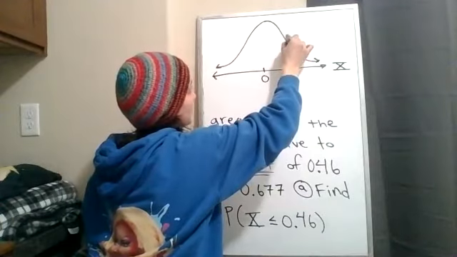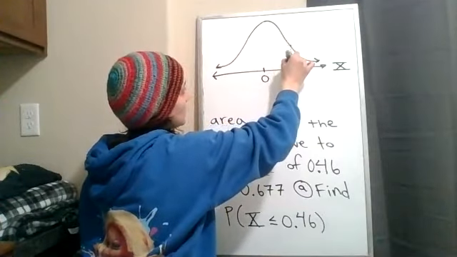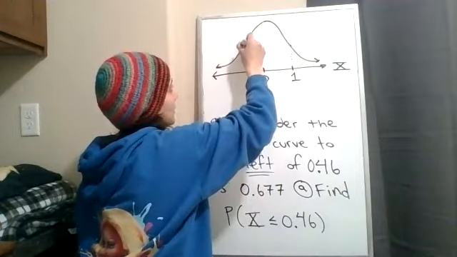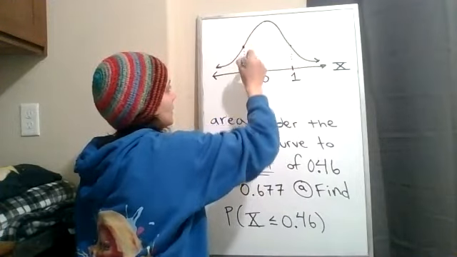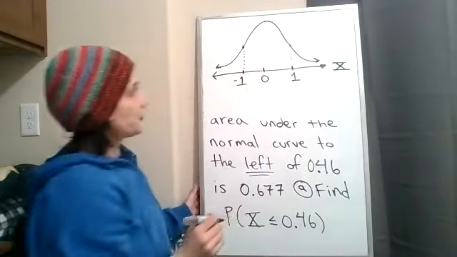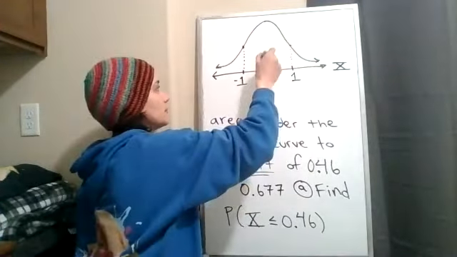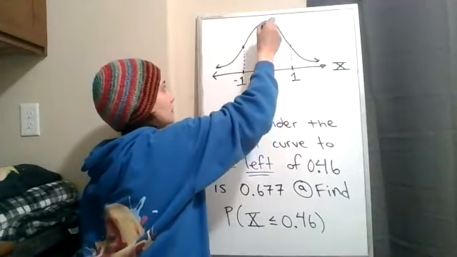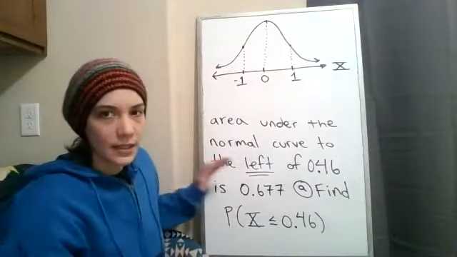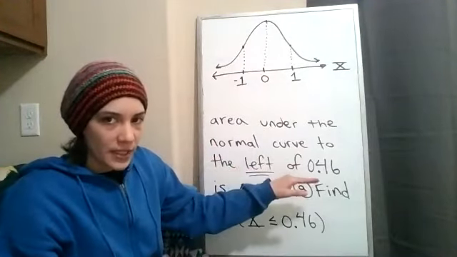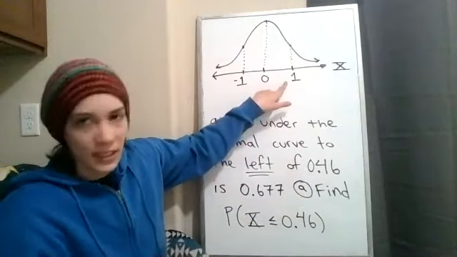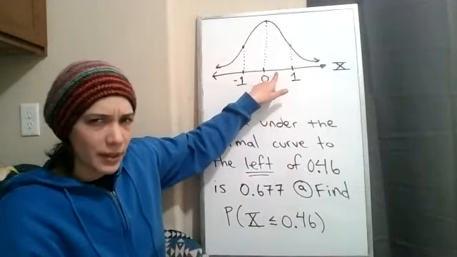We want to mark 0.46 as one of the values on the number line. So it's positive and a little less than 1. Let's say right about there.